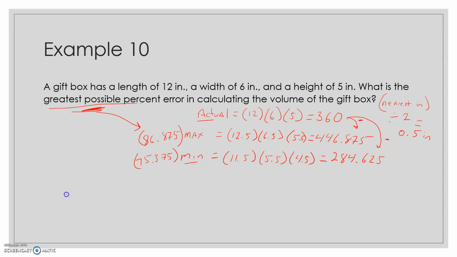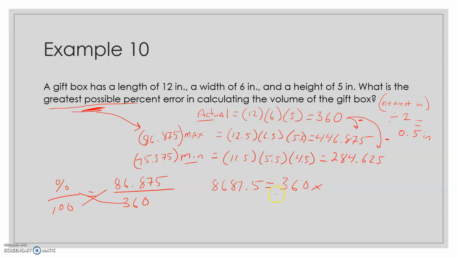So now we're going to write our proportion. So we have percent over 100 is equal to that change, the greatest possible change, which was 86.875, over our actual value, which was 360. And then we start to solve. And so we cross multiply 100 times 86.875 is 8,687.5. 360 times our unknown percent gives us 360x.